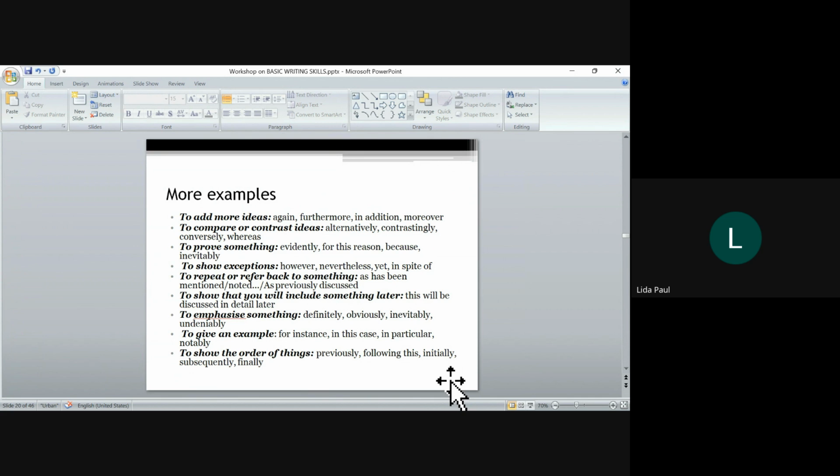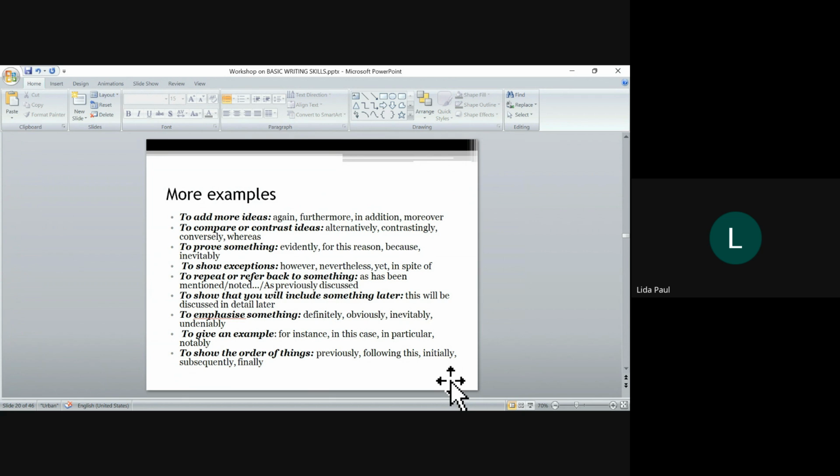So rather than abruptly giving an example, you can link the sentence to the example sentence by saying, so for example, or in this case, or in particular, or notably. This sort of alerts the reader that now I'm going to read something that will explain what has been written.